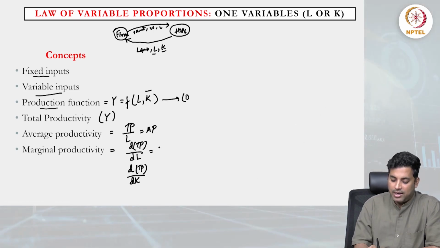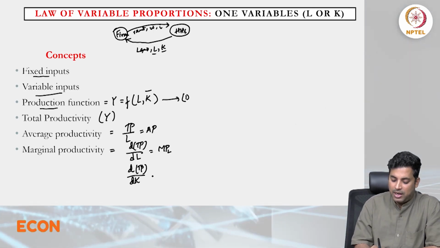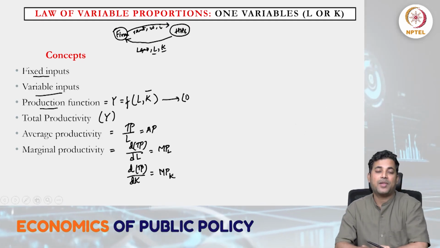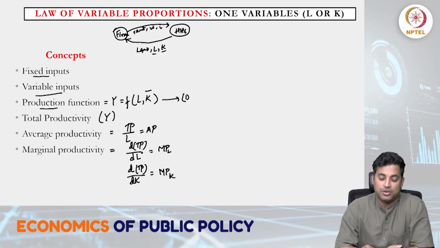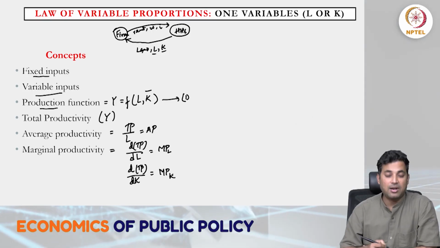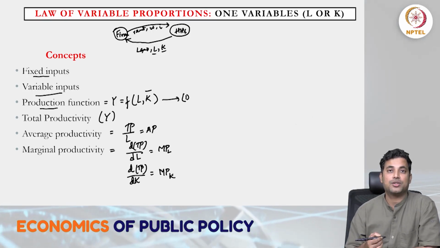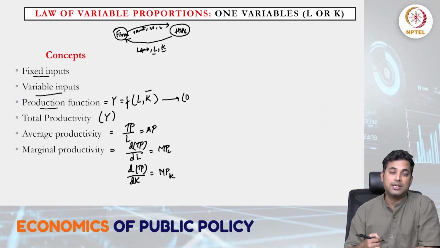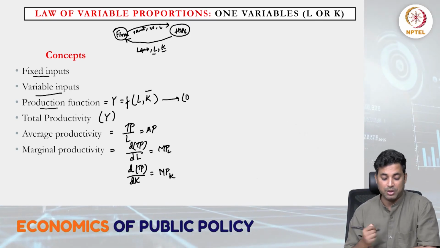So this is how we get marginal productivity of labor and marginal productivity of capital. As you already know from your introduction to microeconomics or intermediate microeconomics class, we can derive average productivity and marginal productivity from the total productivity.